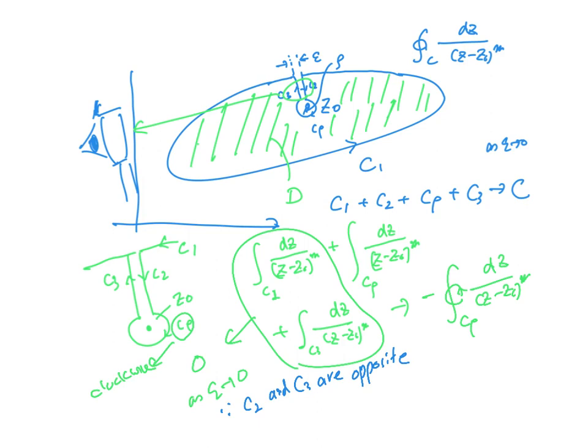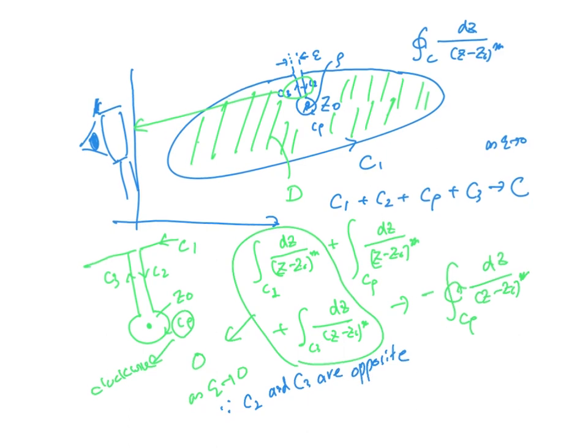So if we want counterclockwise, we have to put the minus sign. This whole integral, because you are going down and closing out, and then z naught is outside of this whole domain, right?